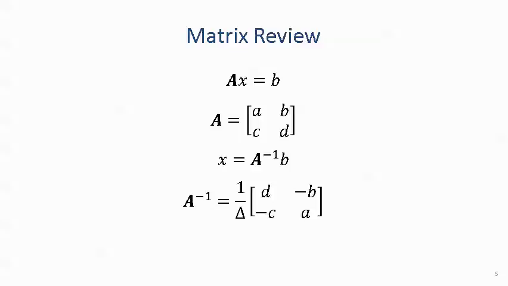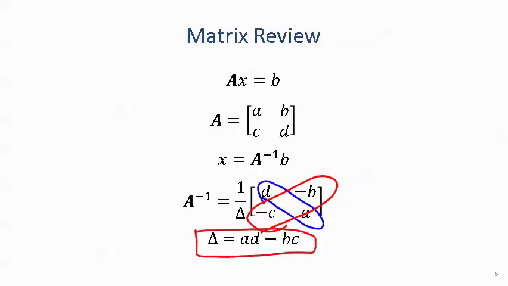And the inverse of A is calculated by taking 1 divided by the determinant and multiplying that by a transposed version of the original matrix, where we swap A and D and we change the sign on B and C. The determinant, delta, is going to be A times D minus B times C. Now this is a definition, and that comes back to this matrix.